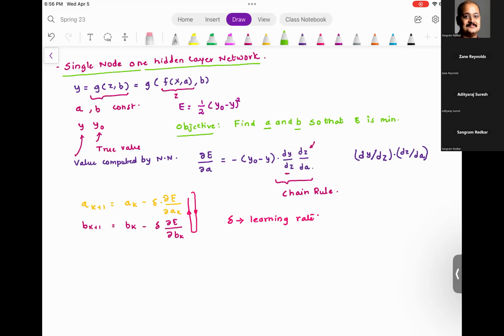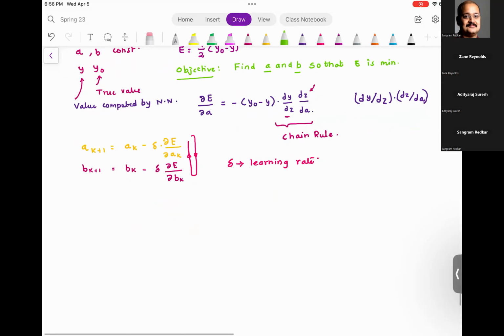This iterative technique is going to go on till you achieve good results and good convergence. So the backpropagation works something like this.